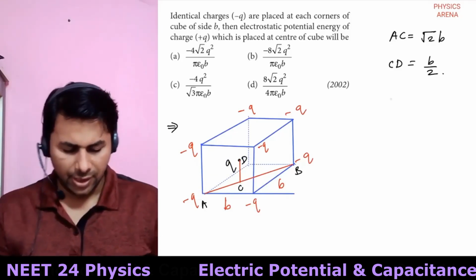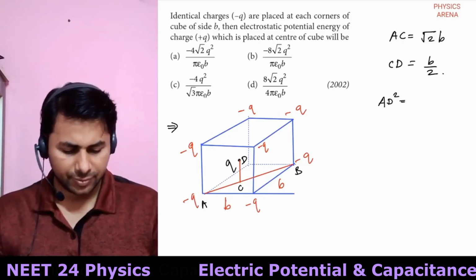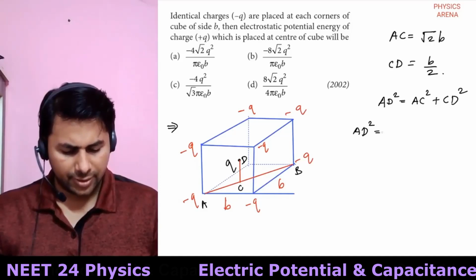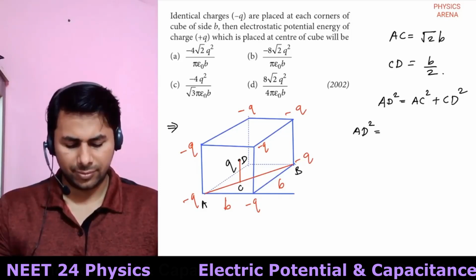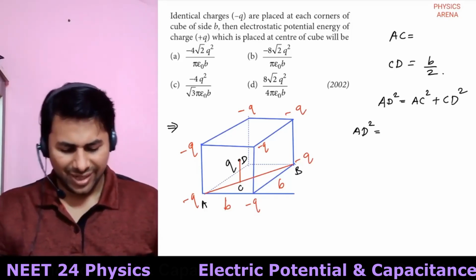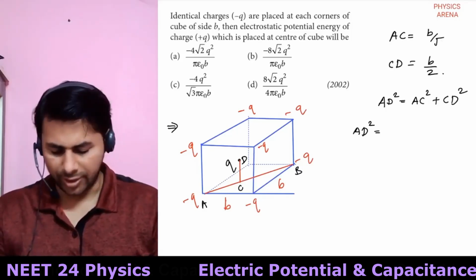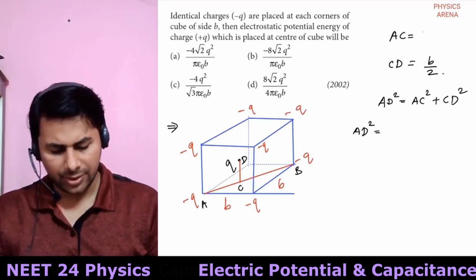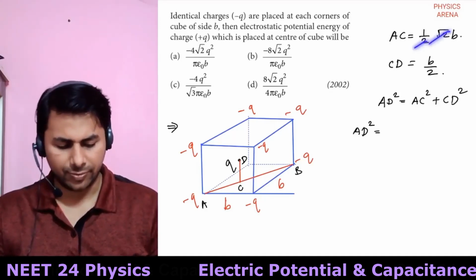So this distance AD square will be equal to AC square plus CD square. It will be half of that. Yeah, very good. A to B is root 2b, so A to C will be half of root 2b, that is b upon root 2.